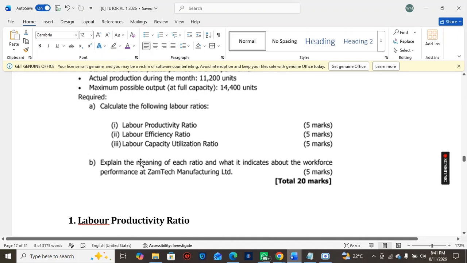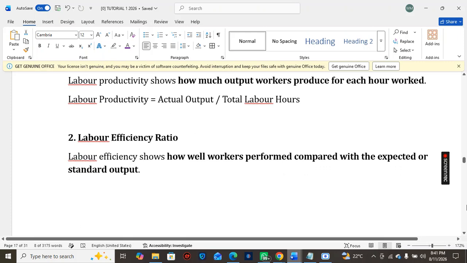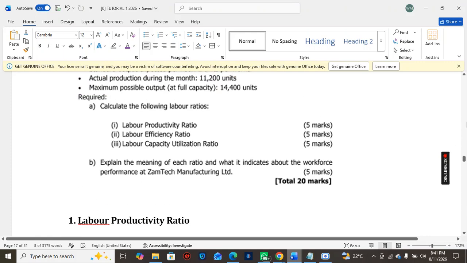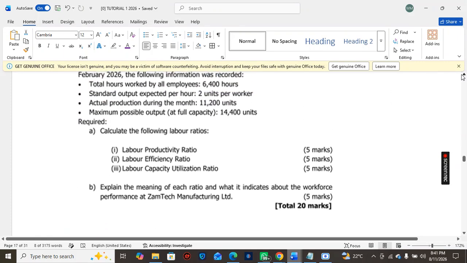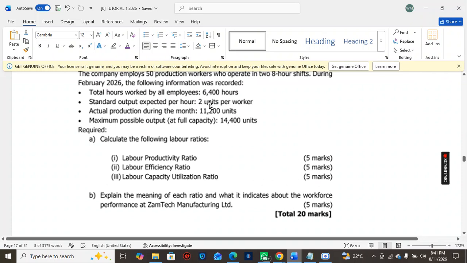Okay, so explain the meaning of each ratio and what it indicates about the workforce performance at Zamtec Manufacturing Limited. We start with the labor productivity ratio. We saw it was 1.7, below the standard of 2 units per hour.